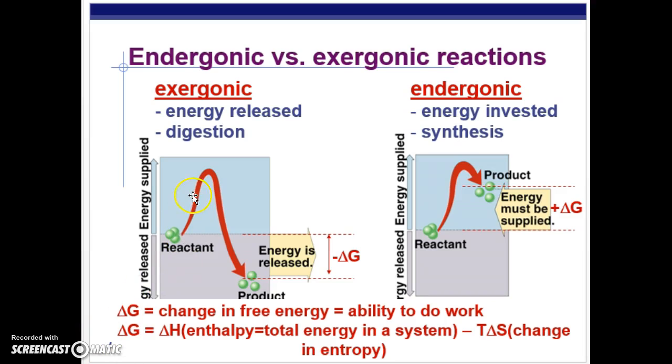So if in cellular respiration we have 686 kilocalories per mole released, then you would think that photosynthesis, which is the reverse reaction, must require an equivalent amount of energy to be invested for it to occur. And in reality, that is exactly the case.